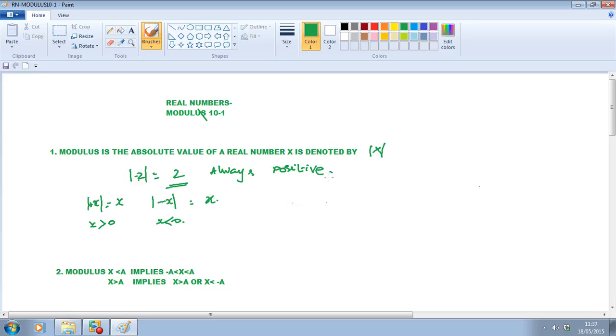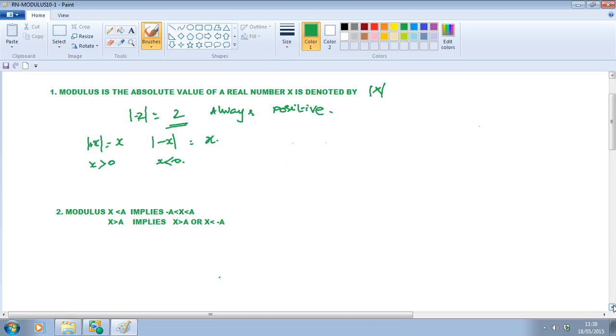Okay, we'll go to the next point in the modulus. You can remember it like this: what happens when modulus x is less than a? It is modulus x, not just x. And if it is minus x, what happens?